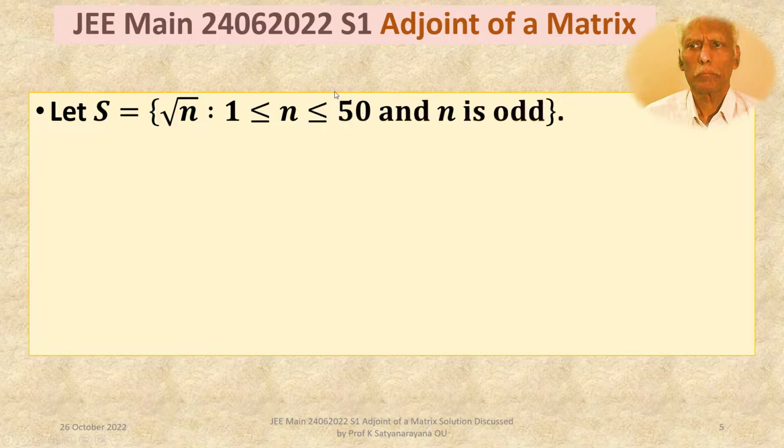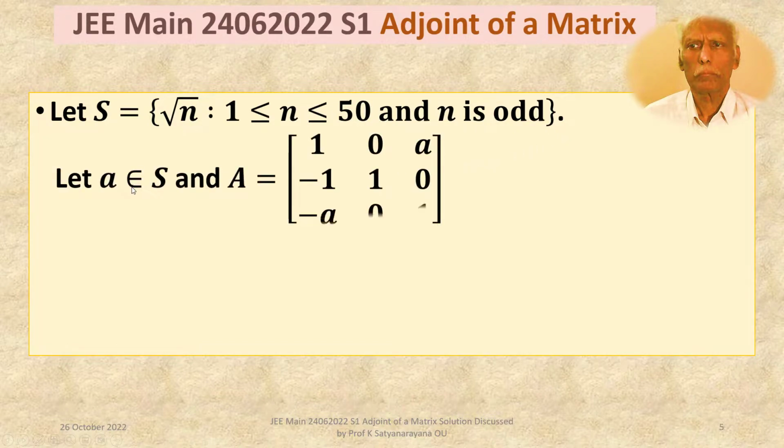The problem is, let S be the set of all root n, where 1 ≤ n ≤ 50 and n is odd. Let a belong to S and A is a 3 by 3 matrix whose first row is 1 0 a, second row is -1 1 0, and the third row is -a 0 1.